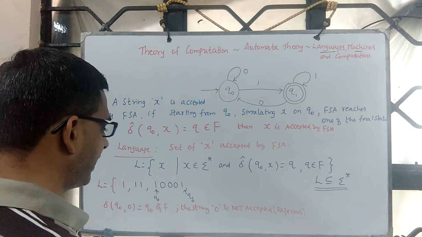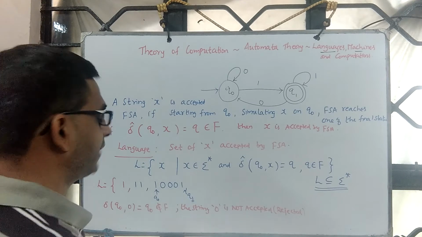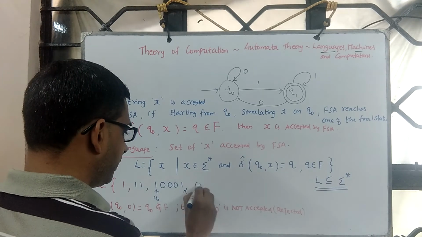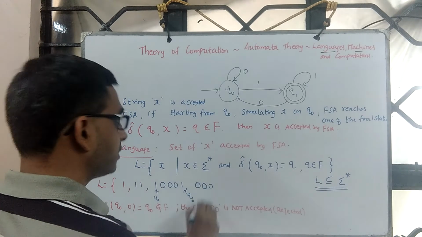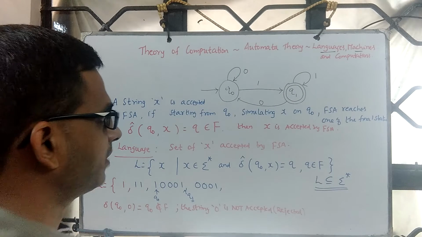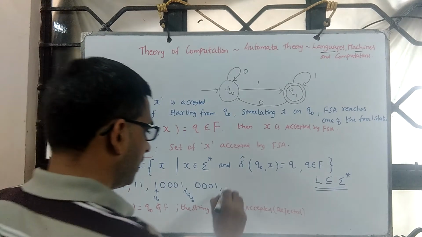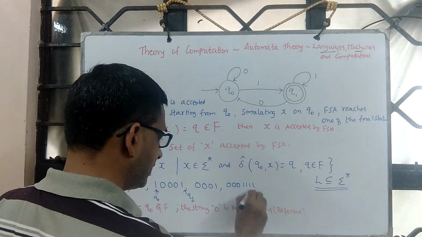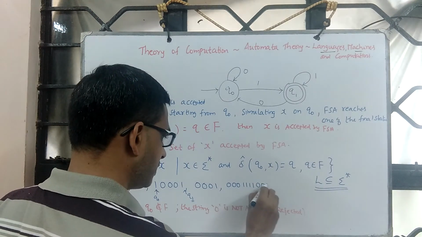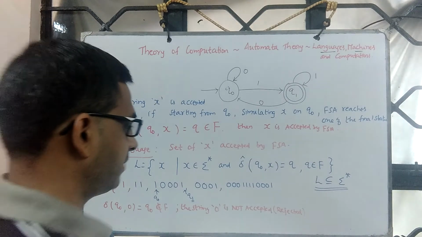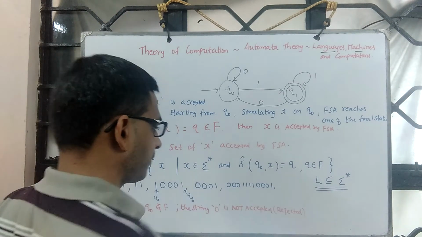If that being the case, the string is valid. Then you may read many zeros followed by a 1, that is accepted by this machine, or you may read a couple of zeros, then a couple of ones, again a couple of zeros followed by 1, that is accepted by this machine.